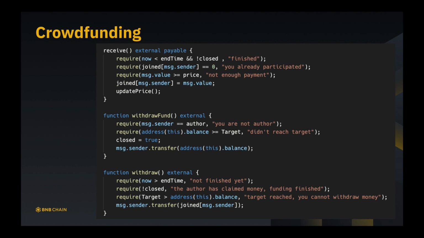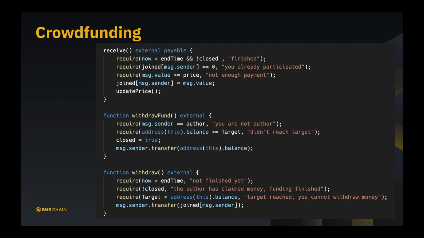Then we have a function withdraw. This is when the crowdfunding fails and all the participants will be able to claim their money. So first we require it has been finished. Also, we require that the author has not claimed the money. Also, we require that we did not reach the objective. So the crowdfunding needs to fail in order for you to get back your money.